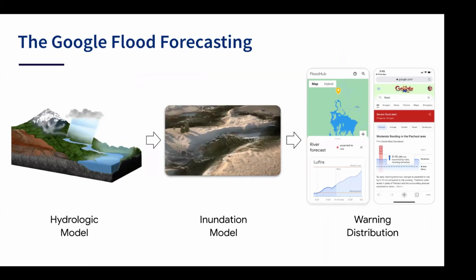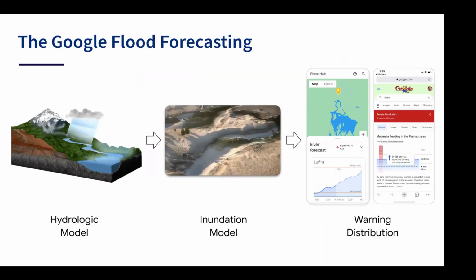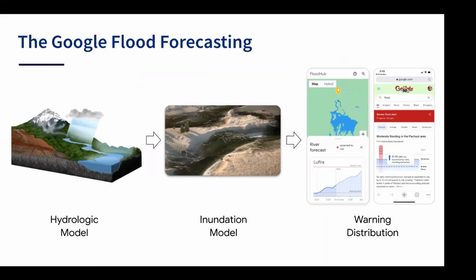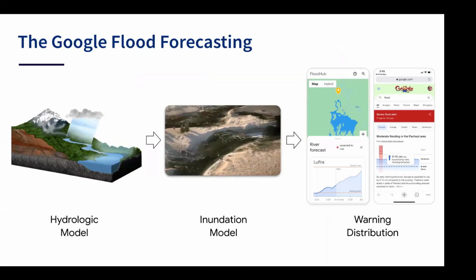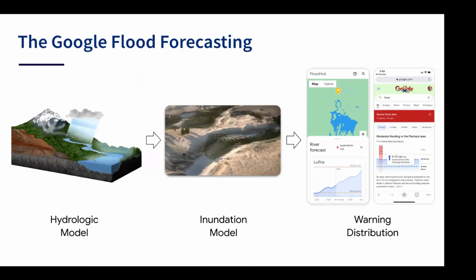The hydrologic model is doing what every hydrologic model does. It predicts the level of the water in a specific location on the river, but in the future. We do that at specific points around the world. We have 1,800 locations that we cover now, and we aim to grow more.